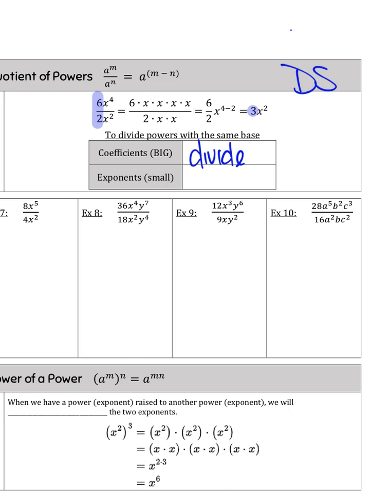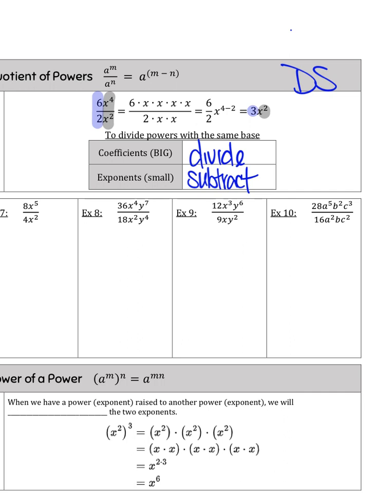And on this one, we have x to the fourth divided by x to the second. For that set of information, we're going to subtract it. And we know that 4 minus 2 equals 2. So the final answer is 3x to the second power.